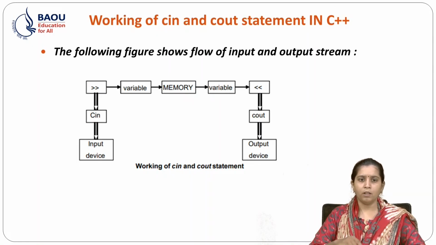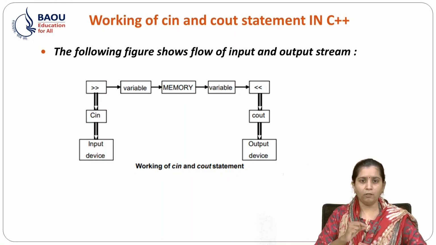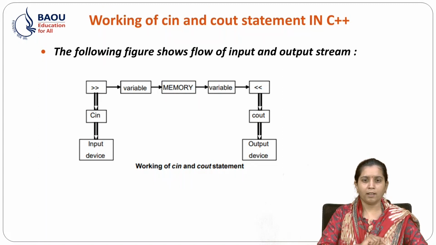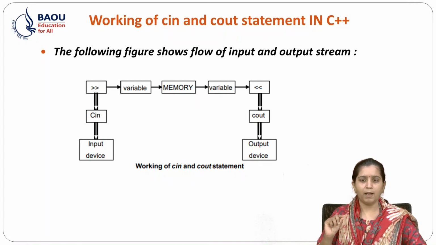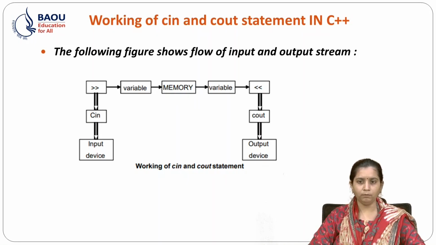I hope now you get the idea about how the data flow starts from the input device and gets the output on my output device in C++, using cin and cout statements. I hope now you get the idea about streams in C++.